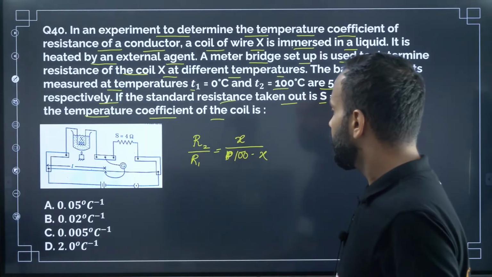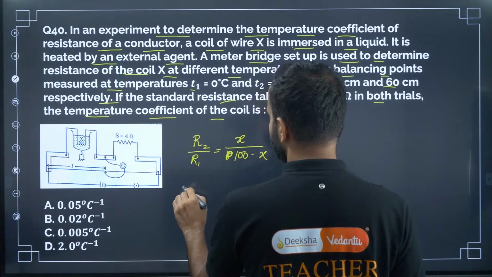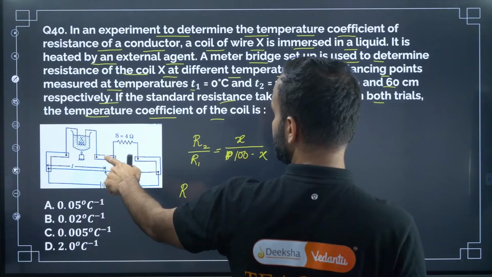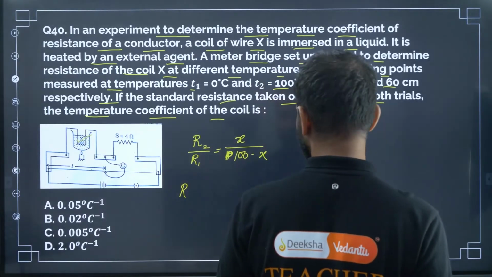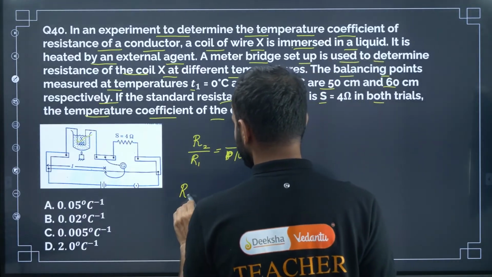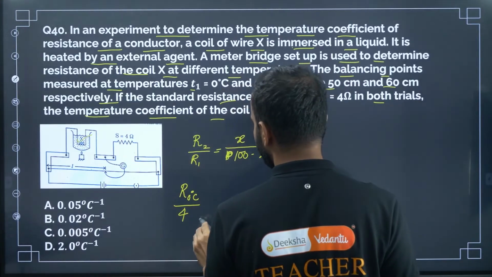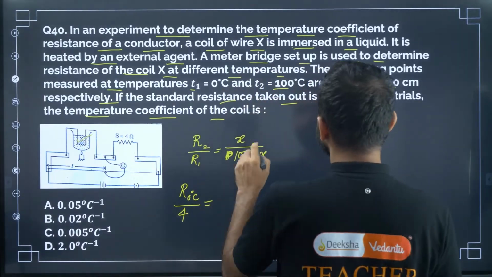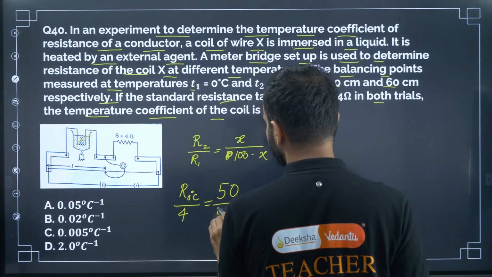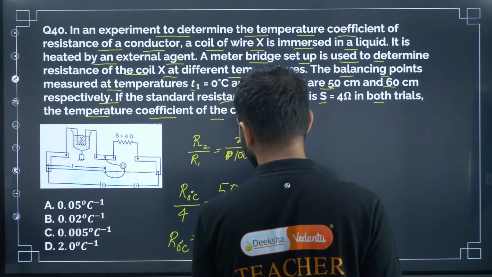Now R2 is the resistance of the coil at 0 degree Celsius, divided by 4. R1 is 4 ohm, which is equal to X by 100 minus X. X equal to 50 centimeter. So 50 centimeter divided by 50. Okay, R at 0 degree Celsius equal to 4 ohm.